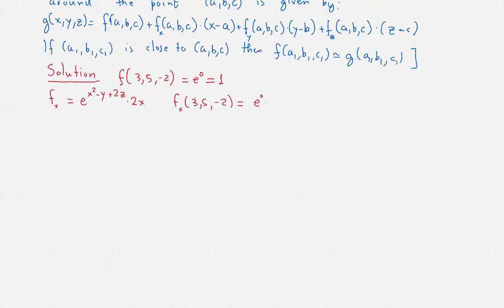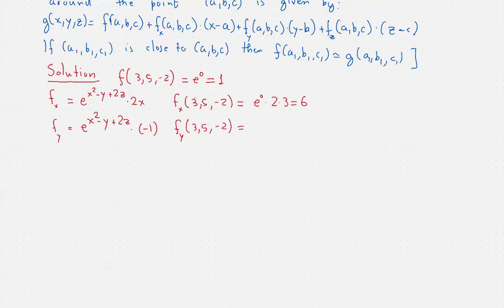And let's do the partial derivative with respect to y. So this will be e to the x squared minus y plus 2z times -1, again by the chain rule. And if we plug in the point under question, then we're going to get e to the 0 times -1, which is -1.